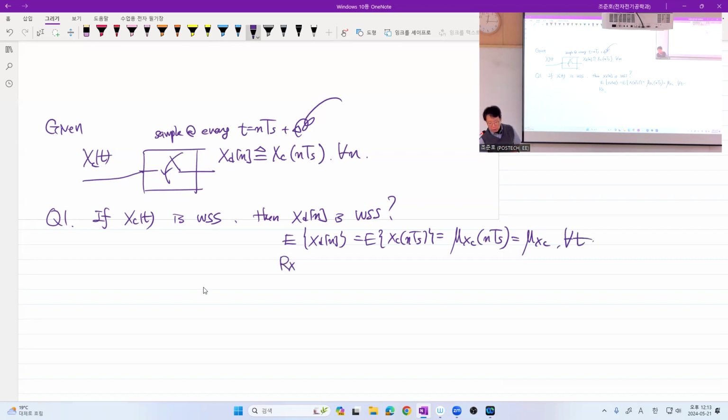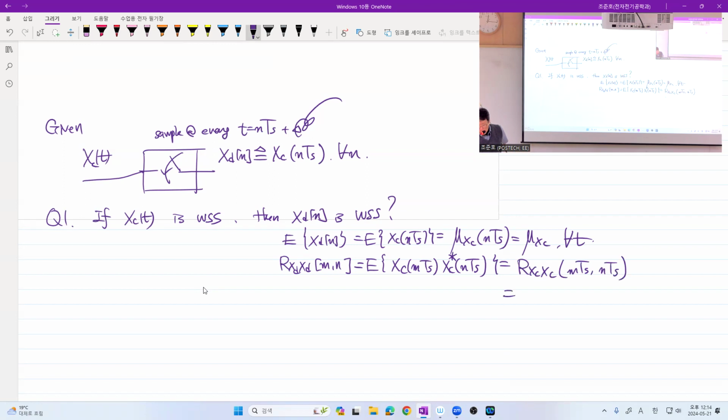Now, what is the autocorrelation function of the discrete time random process xd of m and n? By definition, this is the expectation of xc of mTs times xc of nTs, right? So this is simply the continuous time random process evaluated at mTs and nTs, and if the continuous time random process is wide-sense stationary, it is a function of what?